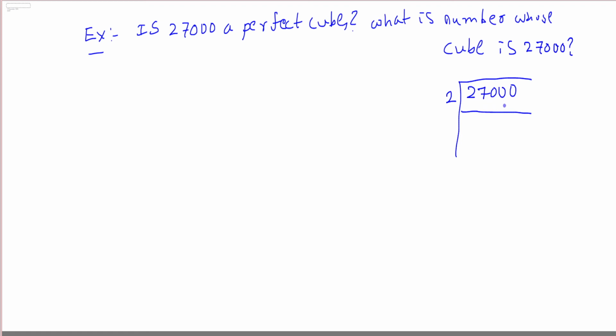Can it divide 27,000? Yes. Dividing by 2 repeatedly, it is still divisible by 2, of course, because it can be divided. Double the 2s, then 2 fives are 10.